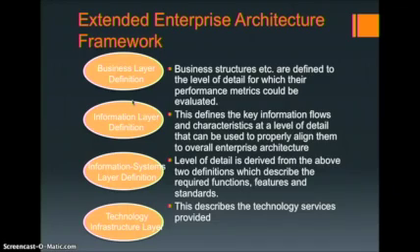The information layer is defined to depict the key information flows and characteristics that can be used to properly align them to the overall enterprise architecture. The information systems layer is defined from the above two definitions, which describe the required functions, features, and standards, whereas the technology infrastructure layer is described as the technological services that are provided.